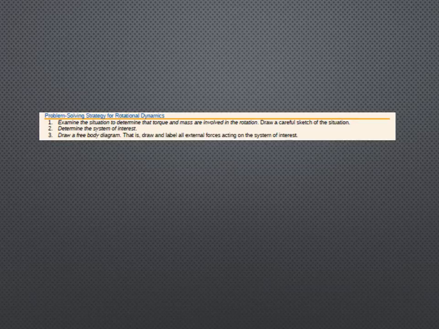Okay, some problem-solving strategies for rotational dynamics, which is what we're moving into. These should look very similar, and you'll need these when we start working problems in class on Thursday. So if you start out by examining the problem, you see that torque is going to be involved, something's rotating. Draw a sketch.